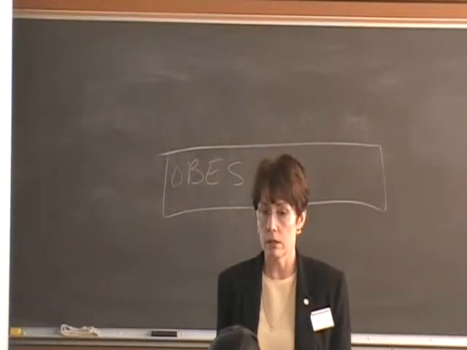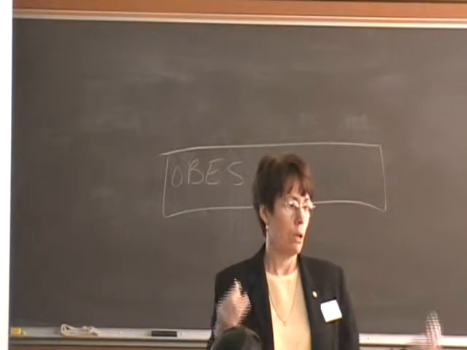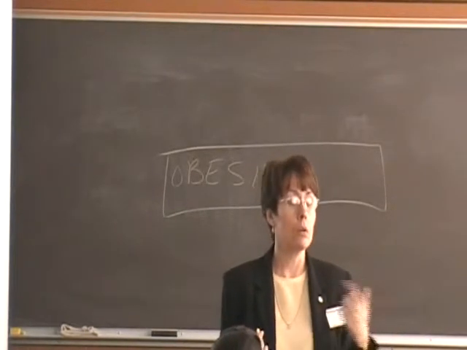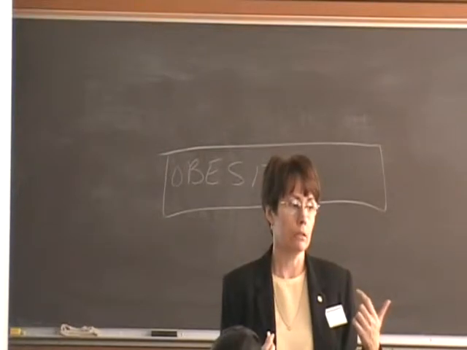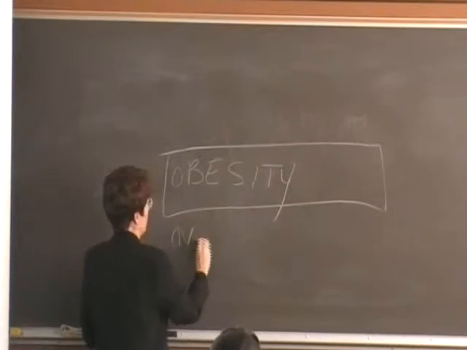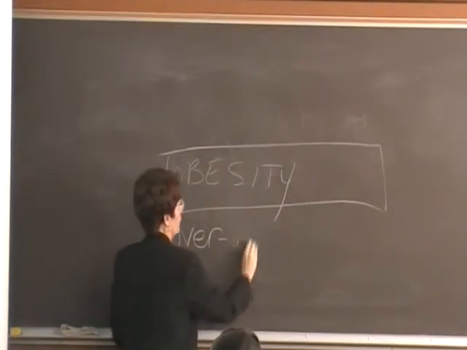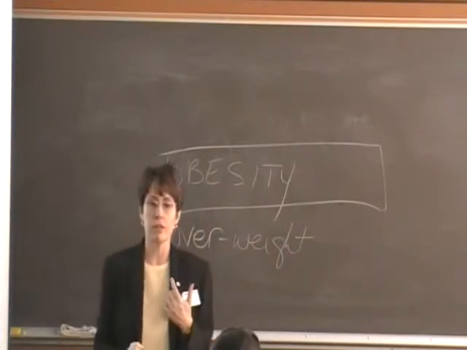Now, if you are searching for information on obesity, it's only going to look for O-B-E-S-I-T-Y. It's not going to look for overweight. That's a whole different series of letters.